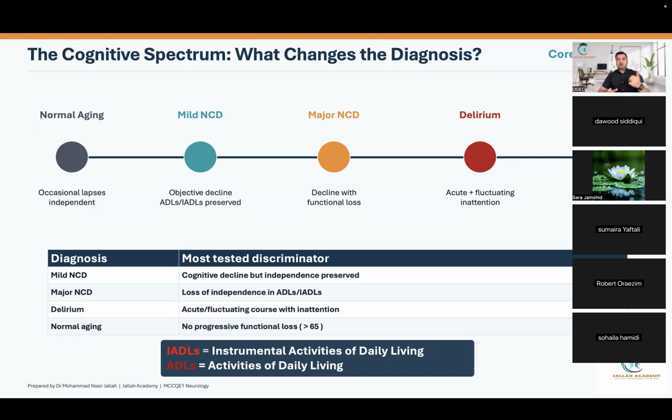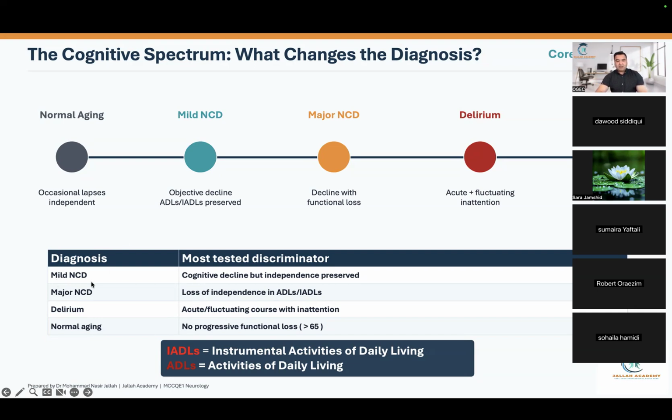For example, you cannot cook, you cannot drive, you cannot do other stuff that you normally do on a daily basis. Then we have delirium. Delirium is an acute confusion state of mind that is fluctuating. The patient may also develop psychosis, hallucination, and this and that, which we need to differentiate.